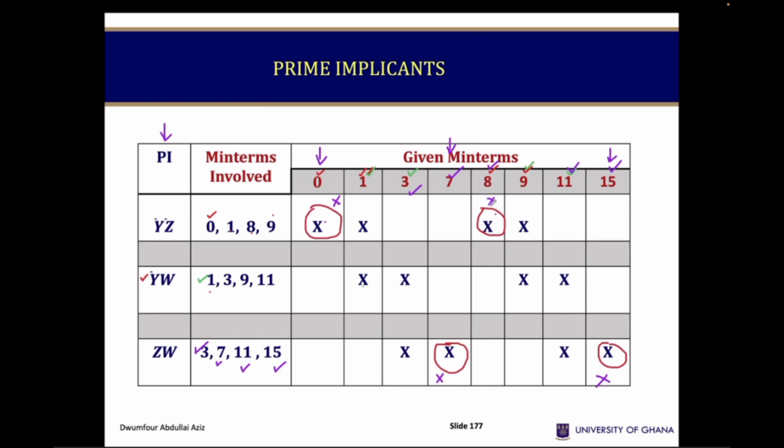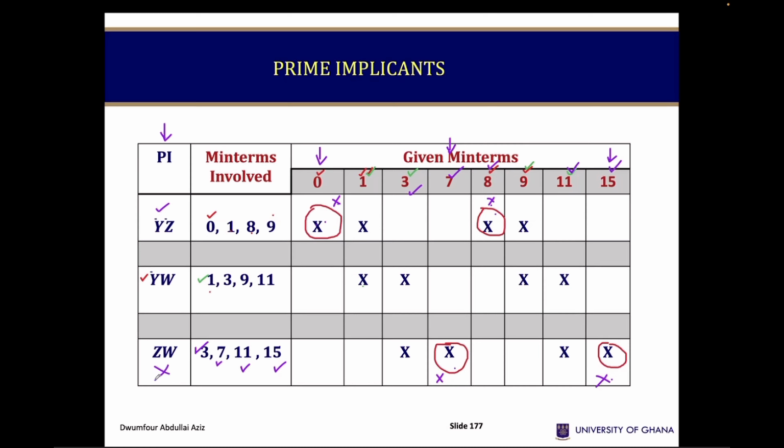X bar, Z bar, and ZW. So here, this one we can see produces only 1. These ones correspond to Y bar, Z bar. Then you realize that this and this also correspond to ZW. This one also corresponds to ZW.